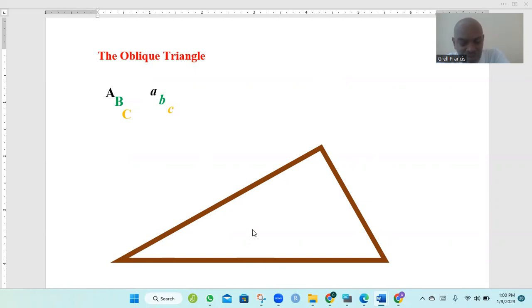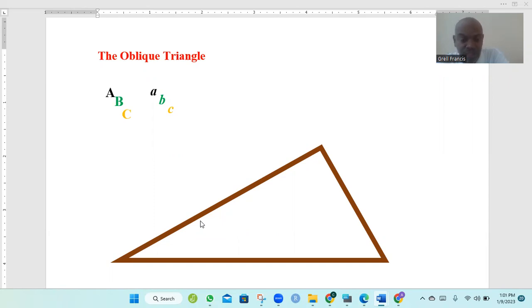So please take out a pencil or ruler and draw a triangle similar to this, because as I always say, anytime you are looking at a math video, you always have available with you a pen and paper, ruler, calculator, for you to be actively participating in the video presentation.